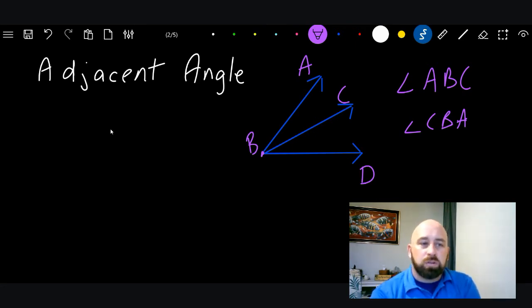This is a super important concept in geometry. You're going to use this concept all the time. So an adjacent angle is an angle that shares a side. Think about a classroom that is sharing a wall with another classroom, or in your house you have maybe your bedroom.